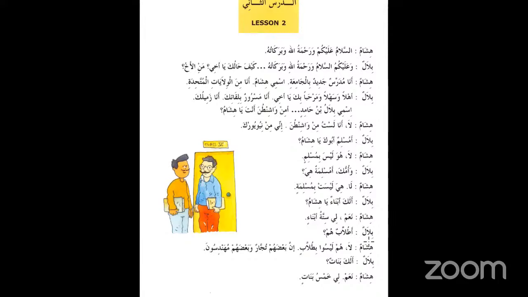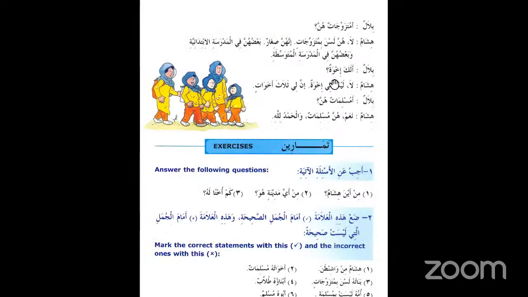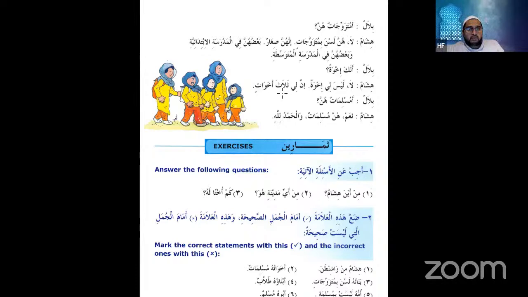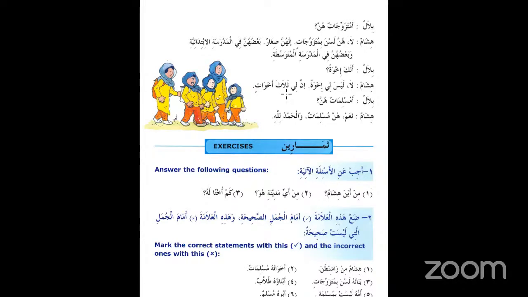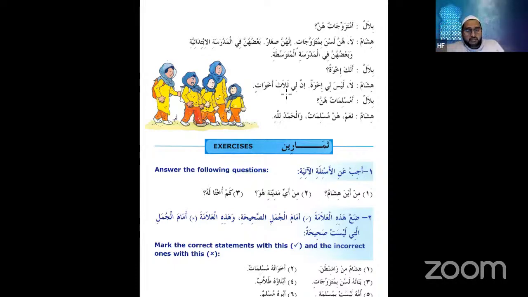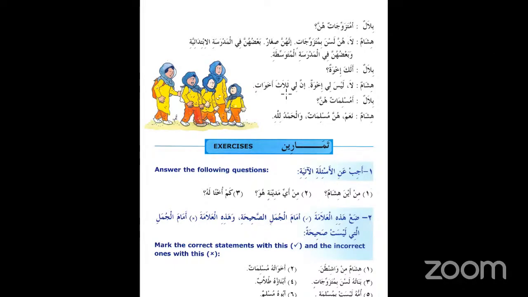It's on the next page, I think. كم أختا له؟ إنه خمسة أختا. No, 3. No, yeah, this lady's right. Yeah, it's 3. Sorry, three sisters. إنه ثلاثة أختا. إنه 3 أخوات. أخوات. Okay.